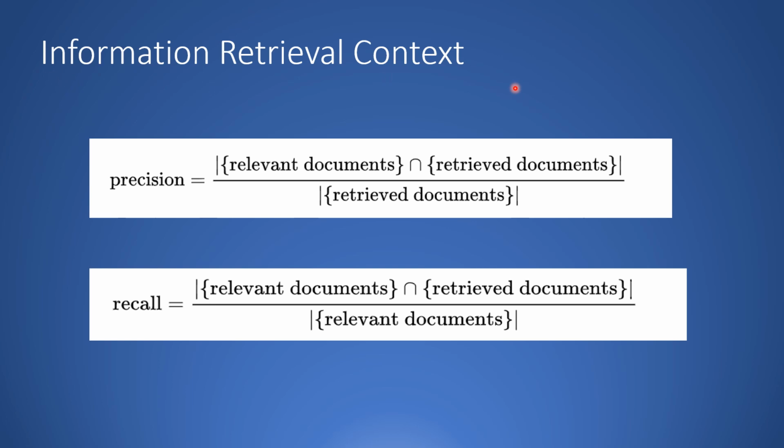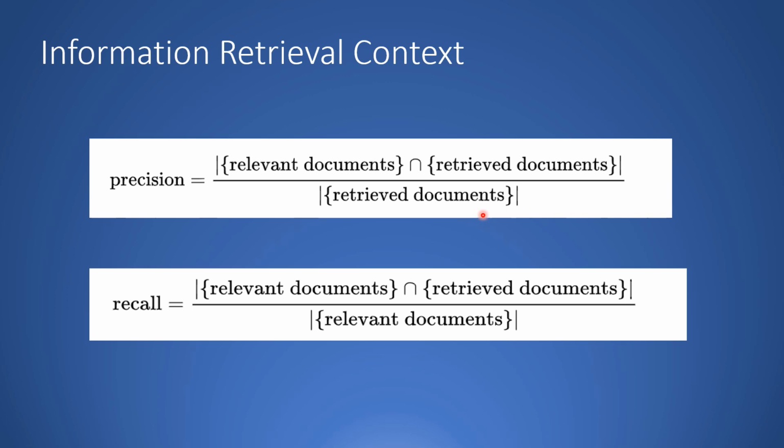Now, what are precision and recall in an information retrieval context? Okay, so in an information retrieval context, precision is the number of relevant documents in the intersection of relevant documents and retrieved documents, divided by the total number of retrieved documents.